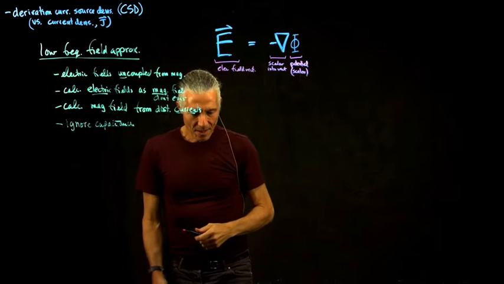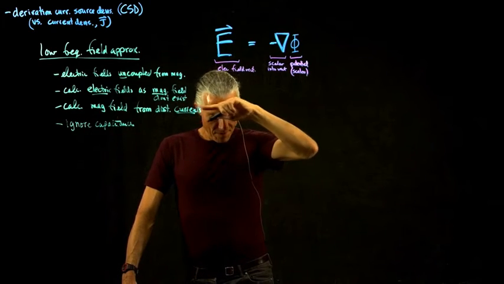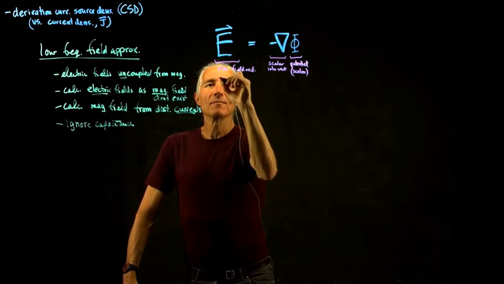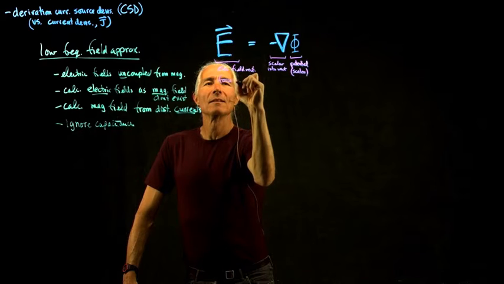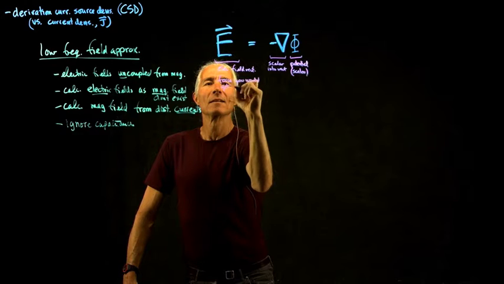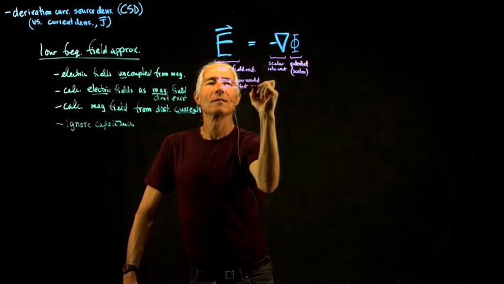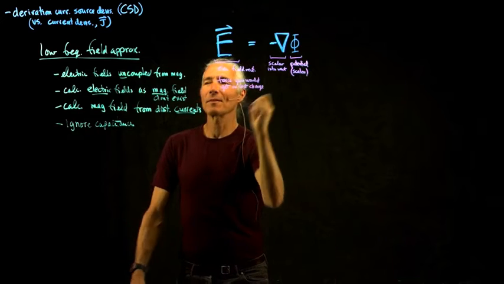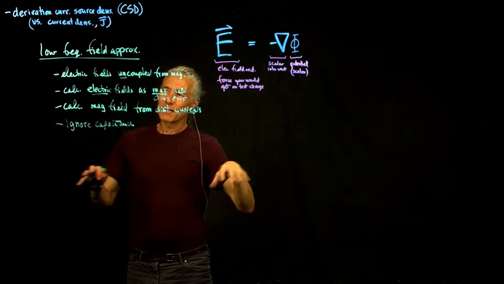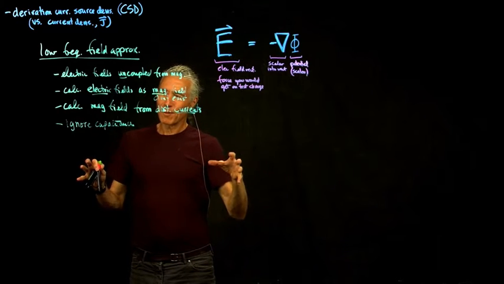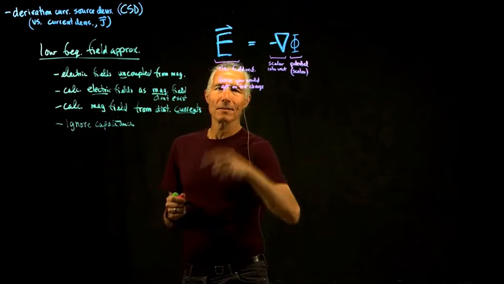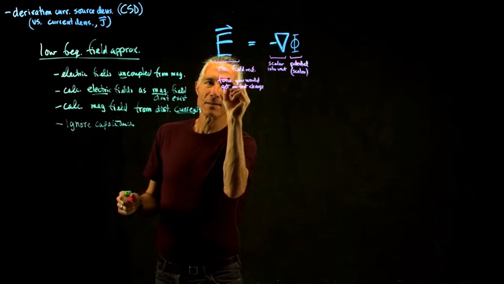That means the force you would get on a test charge. This is the funny thing about the electric field. You have a charge and it does something to space around it, but you can't actually detect it unless you put another charge in there. And force, remember, force is a vector.